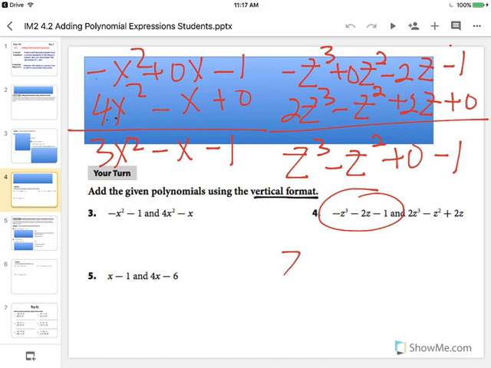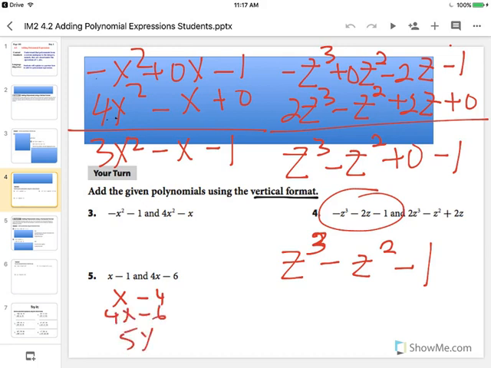So then this can be written as z to the third power minus z squared minus 1. Right, and then for number 5, we have x minus 1 and 4x minus 6, so this gives us 5x minus 10.